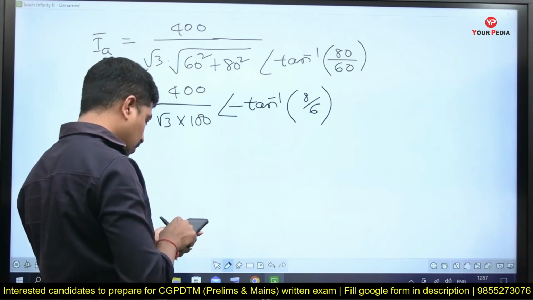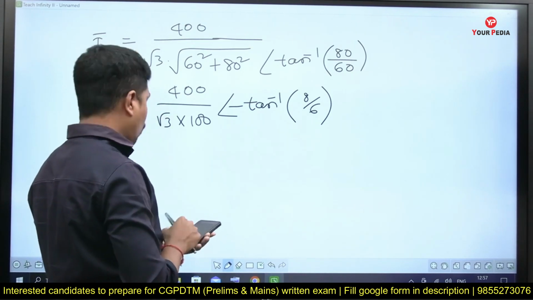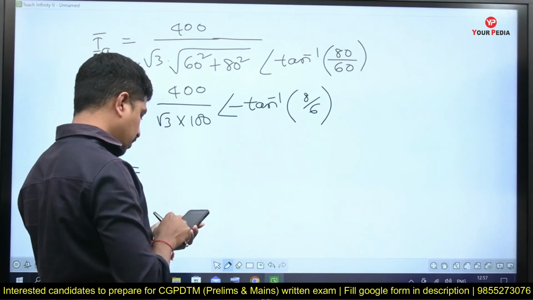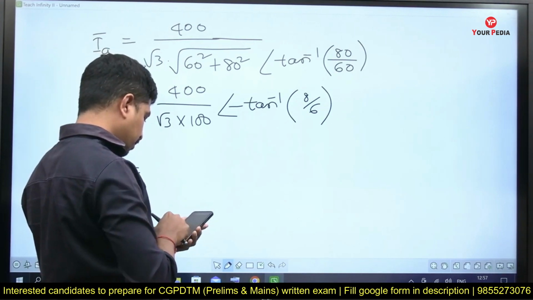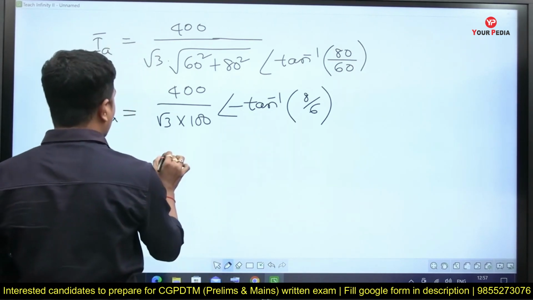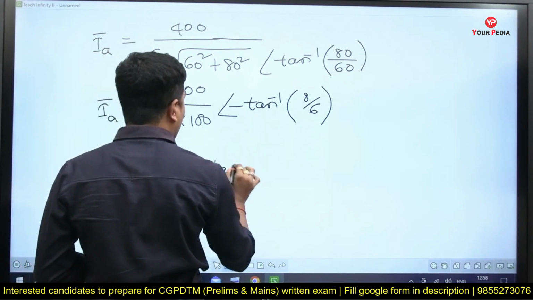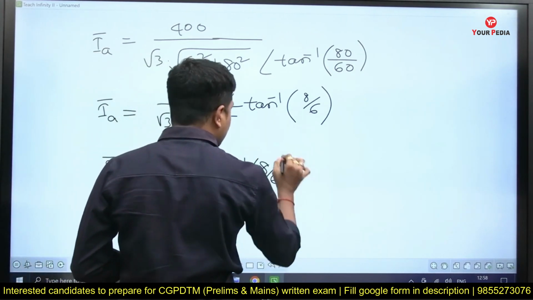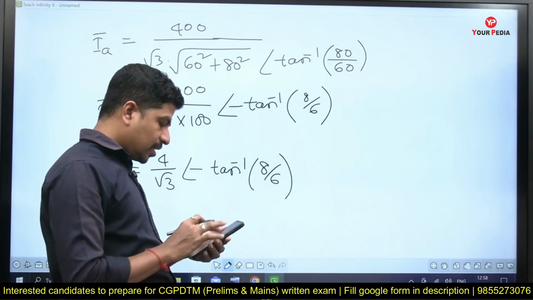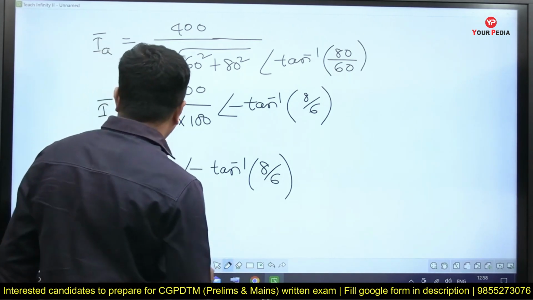So IA is 4 by root 3 at an angle of minus tan inverse of 8 by 6. Now, what is IB?